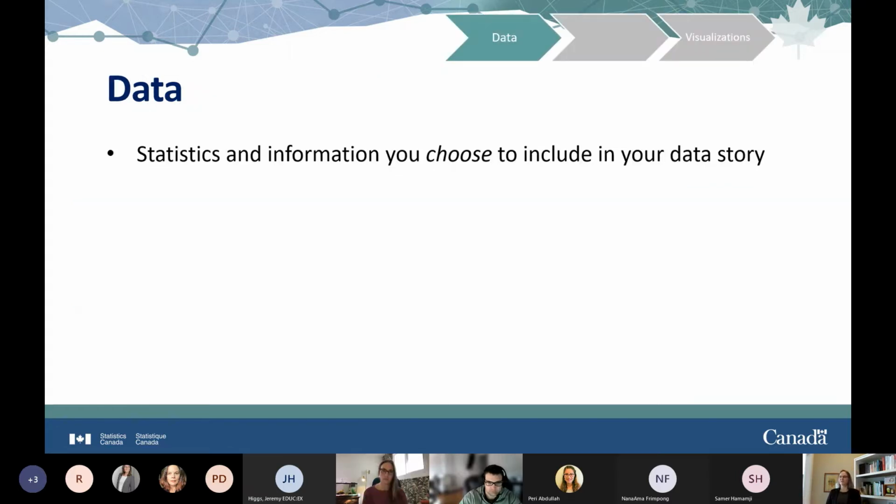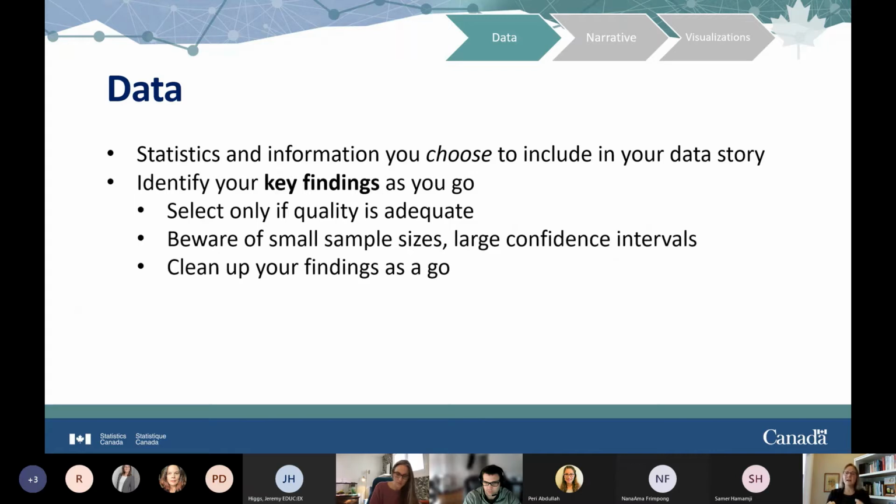The data part of your data story is statistics and information that you created, but it's the information that you choose to include. You are likely going to produce a lot of data tables and do a lot of analysis throughout your analytical journey. Your task here is to carefully select the findings that are essential to telling your story.